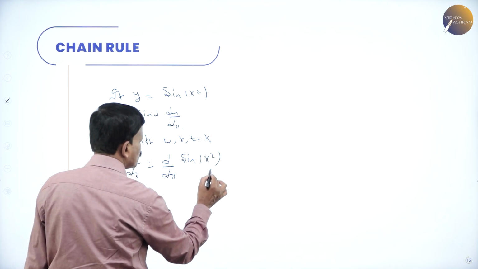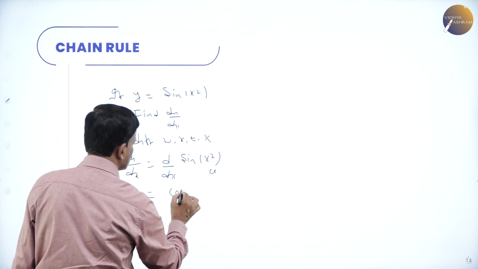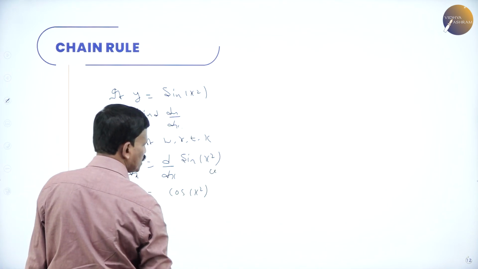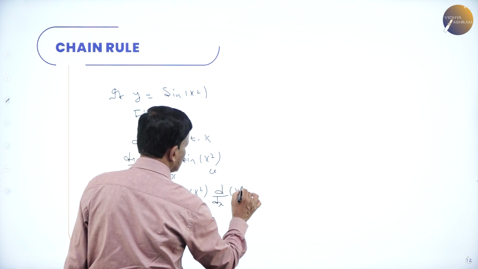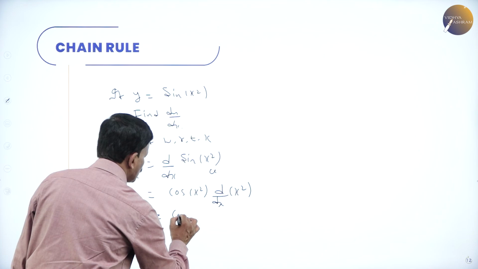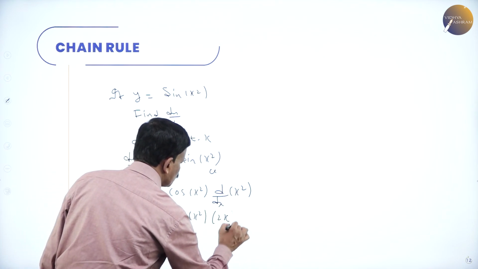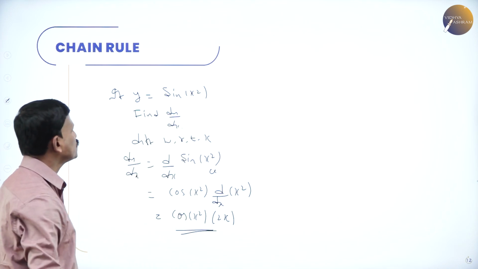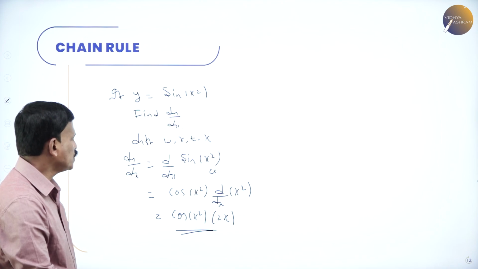Let us assume this as u. Differentiation of sine u is cos u, here instead of u it is x square, into d by dx of x square. So this is cos of x square into differentiation of x square, which is 2x. So the derivative of sine x square is cos of x square into 2x.